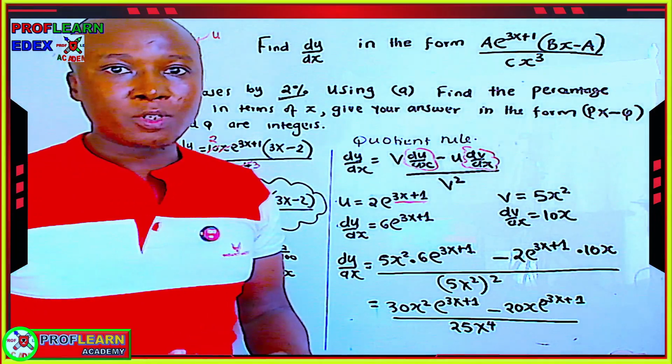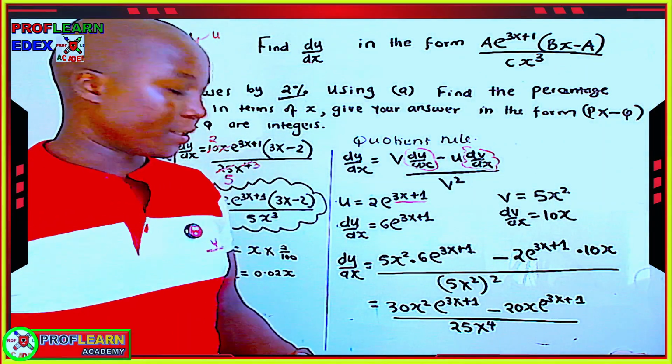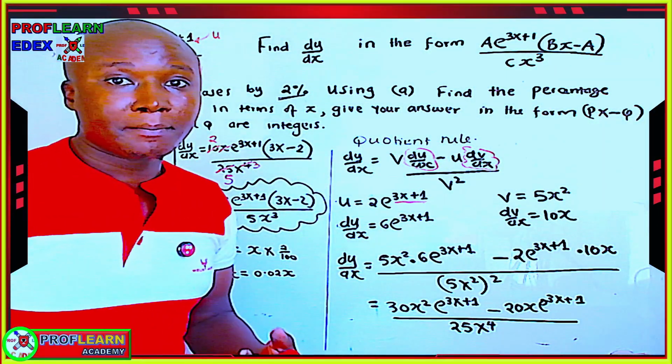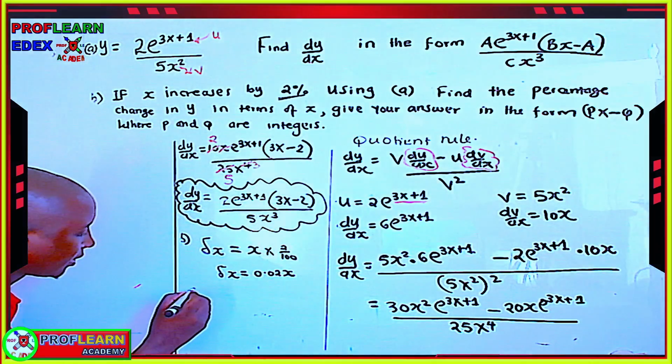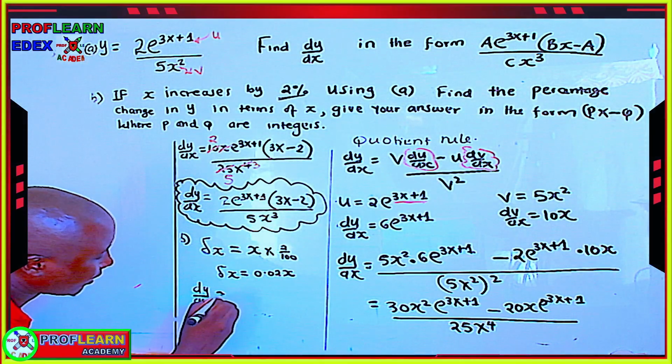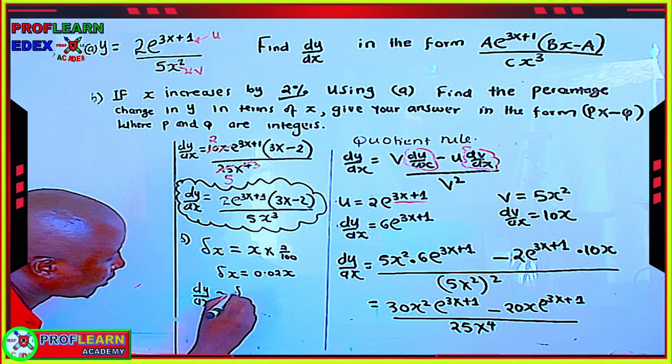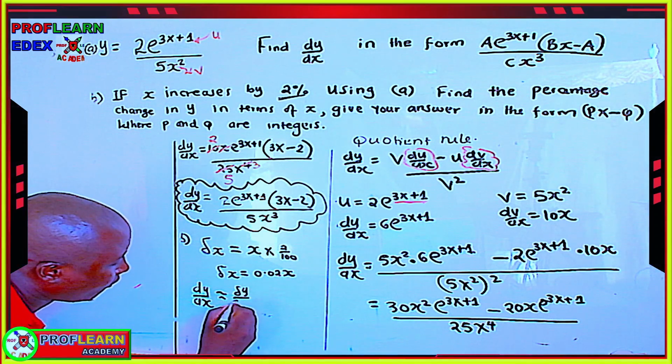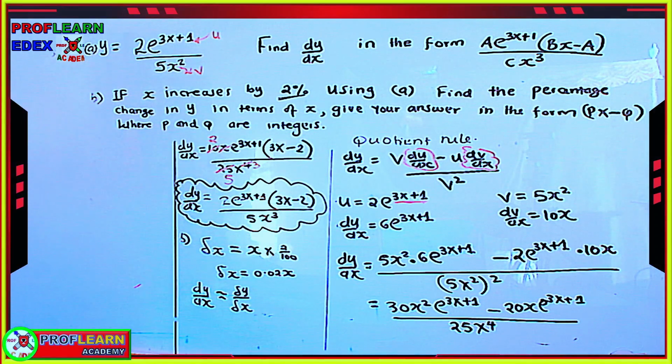And anytime you are dealing with percentage change of variables, something that you need to remember is that dy/dx is approximately equal to the small change in y over small change in x.